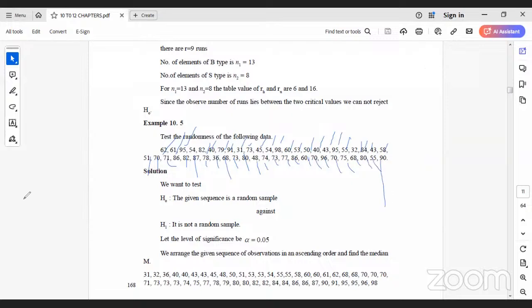We test whether the sequence is a random sample or not, with alpha equal to 0.05.